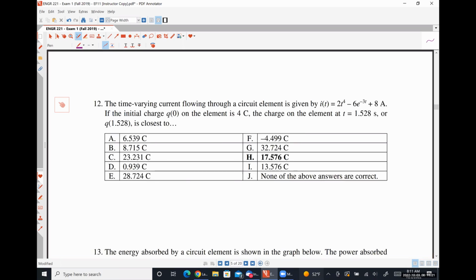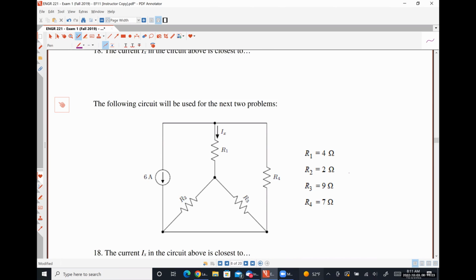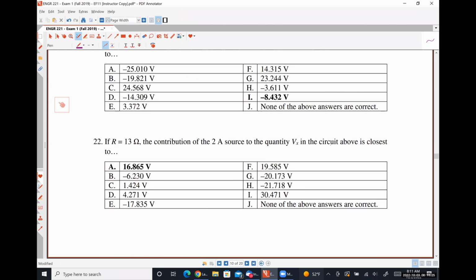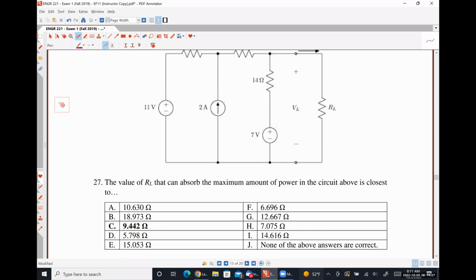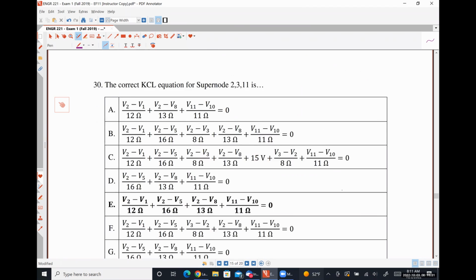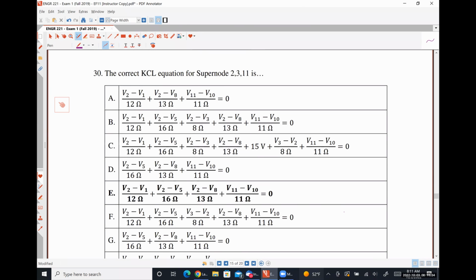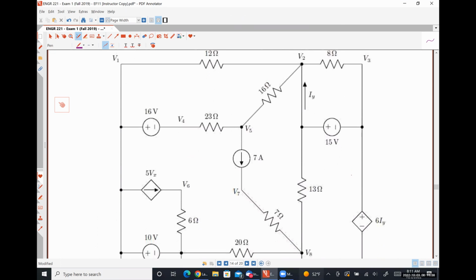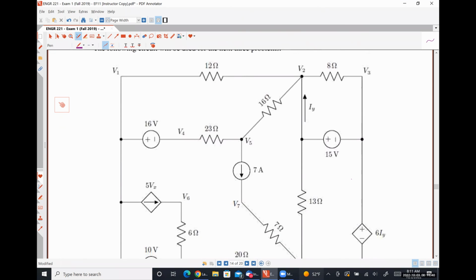Number 30, all right. So I want the KCL equation for supernode 2, 3, 11. So let's find that supernode. All right.